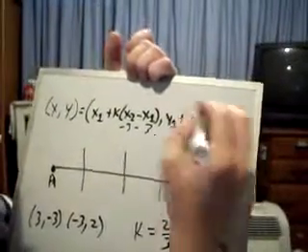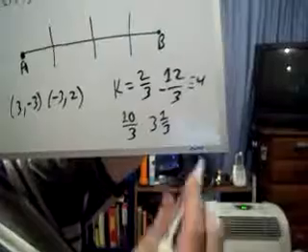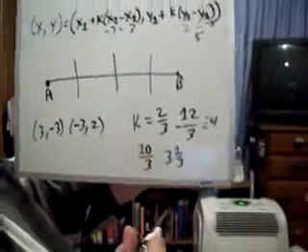We have a positive 5 up here. Now, 5 times 2 is 10, which, of course, divided by 3 is going to be 3 1/3. So we have a -4 and a 3 1/3.